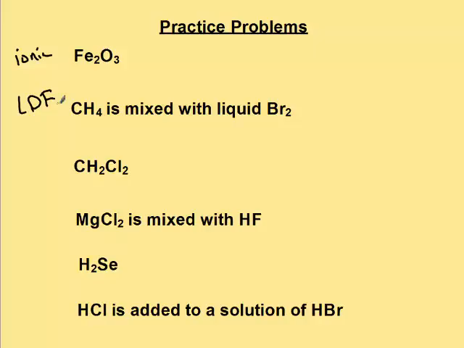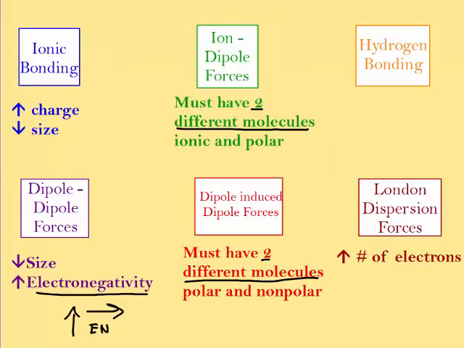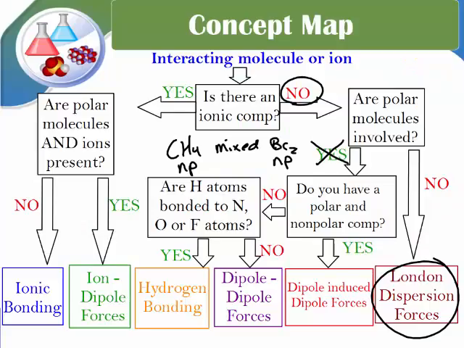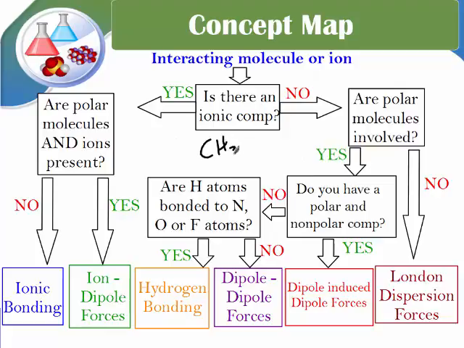CH2Cl2. Some of these you'll have to draw out. This one you don't have to draw out because looking at the formula, you know there's more than one atom attached to the central atom, making it polar. So first, is there an ionic compound?